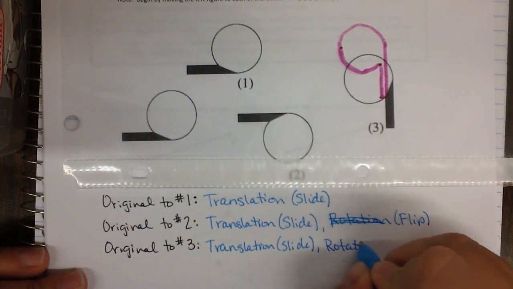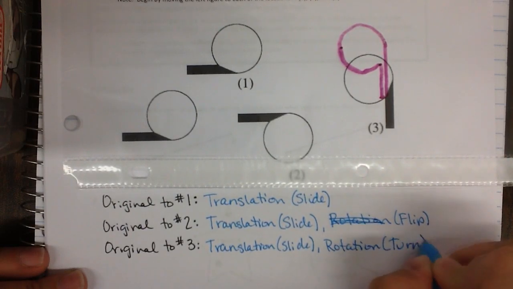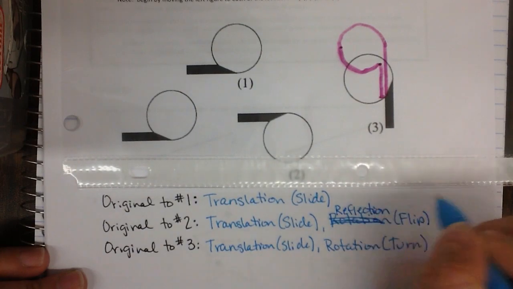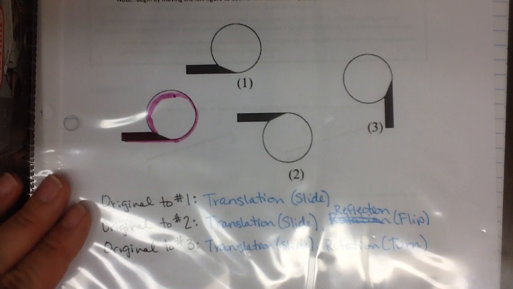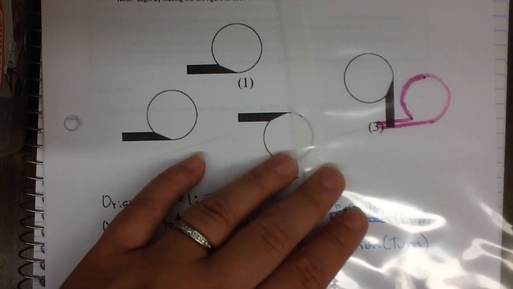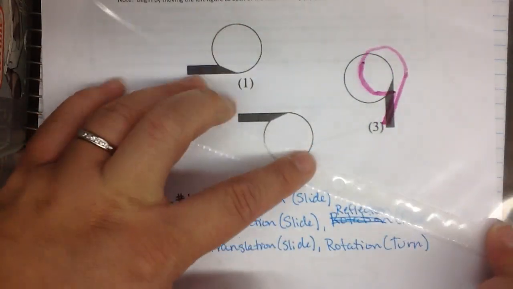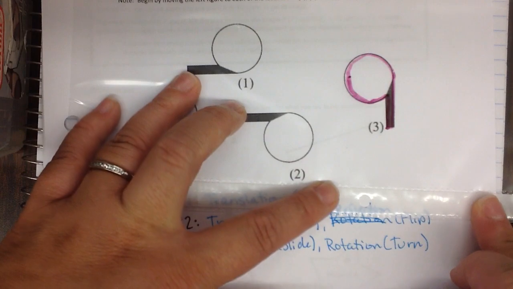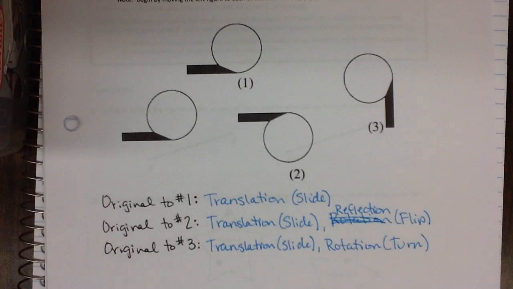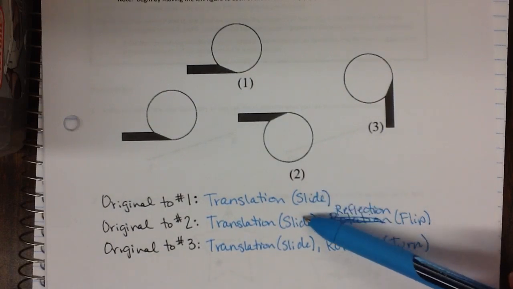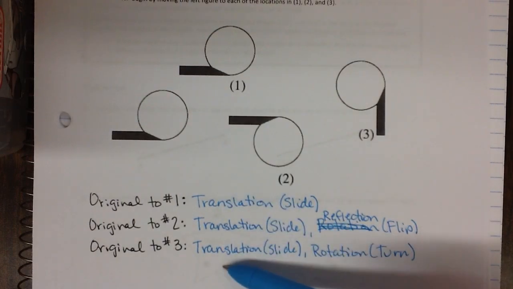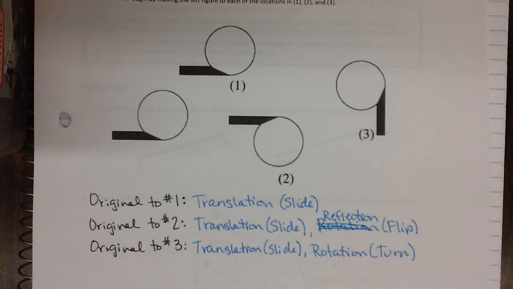Rotation, which is a turn. This one up here should have been a reflection. Okay, so I would take this for the original to number 3. I would slide it over and match that corner point, and then I would rotate it around. Okay, and in 8th grade in geometry, we're going to not use the word slide, flip, or turn. We're going to start working on moving towards translation, reflection, and rotation.